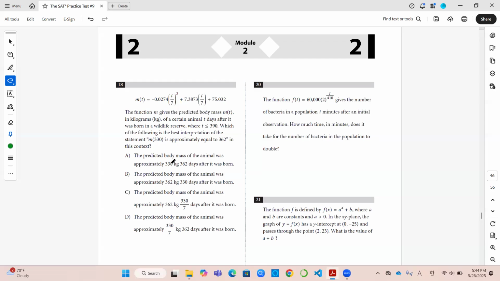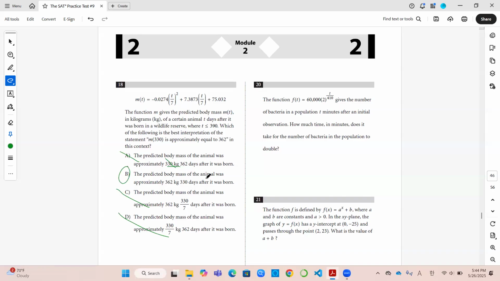I'm going to use a process of elimination here. Answer choice A, 330 kilograms: nope, this is wrong. For C, I don't know where 330 divided by 7 is from, so this is wrong. Likewise, the other 330 divided by 7 is also wrong. So the correct answer choice here is B.